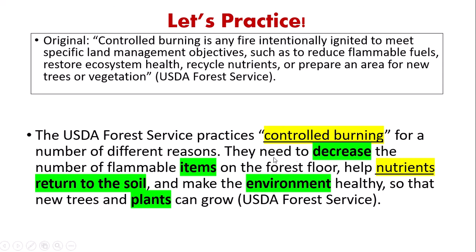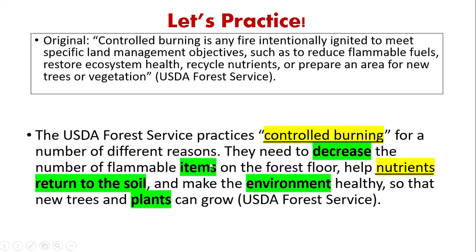So I've kept controlled burning, and I put it in quotes because maybe that's a specific definition that I'm trying to explain, right? And I'm also keeping nutrients because that's a word that, again, kind of like superintendent. Nutrients are what they are. And I don't want to say vitamins and minerals because that's not really the same thing when it comes to soil. But instead of reduce, I have decrease.